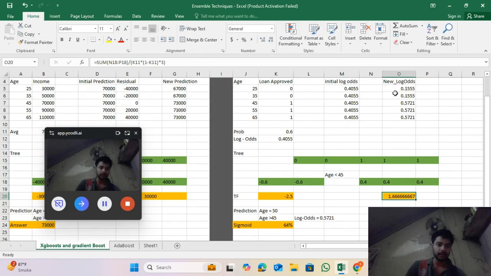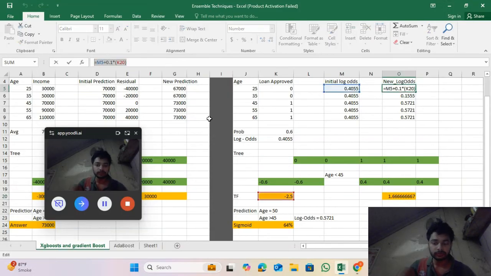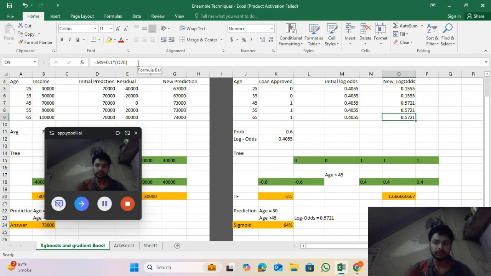Now you will update your previous log odds and come up with new log odds. So 0.4055 plus 0.1 times minus 2.5 for the case of less than 45, and multiplied by 1.6667 for the case of greater than 45.